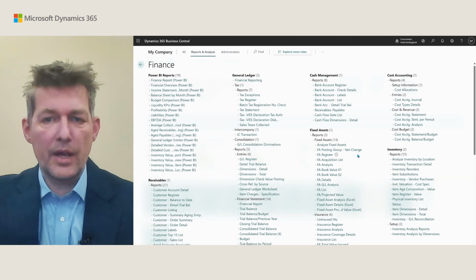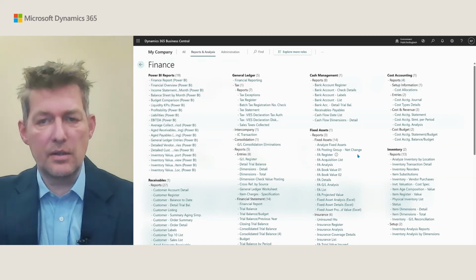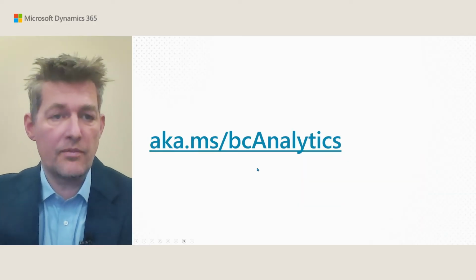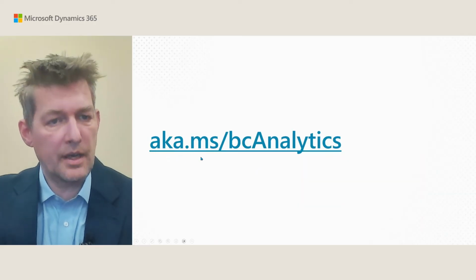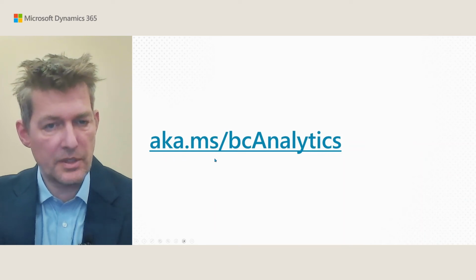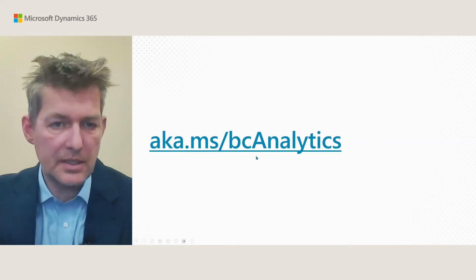The second way is directly in the Business Central documentation on Microsoft Learn. The easiest way I find the report documentation is through an aka link. Let me show you what that is about. Business Central documentation has many of these aka links. They're called aka links because they all start with aka.ms/something, typically BC and then something.